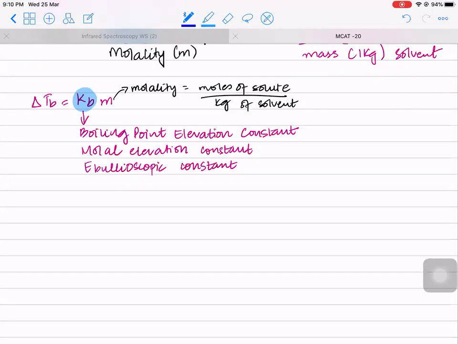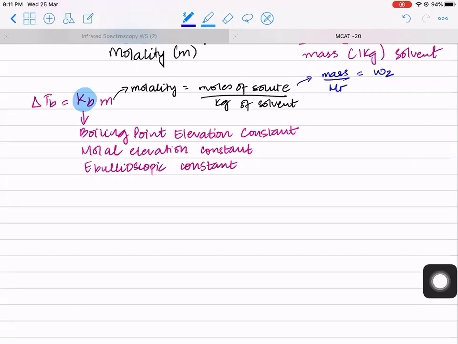Anyway, so now let's move on to the formula: delta TB is equal to KB m. Now you know that m is molality, which is moles of the solute per kilogram of solvent. How do you calculate the moles? Moles is mass upon MR, right? Mass of the solute, which is component 2.